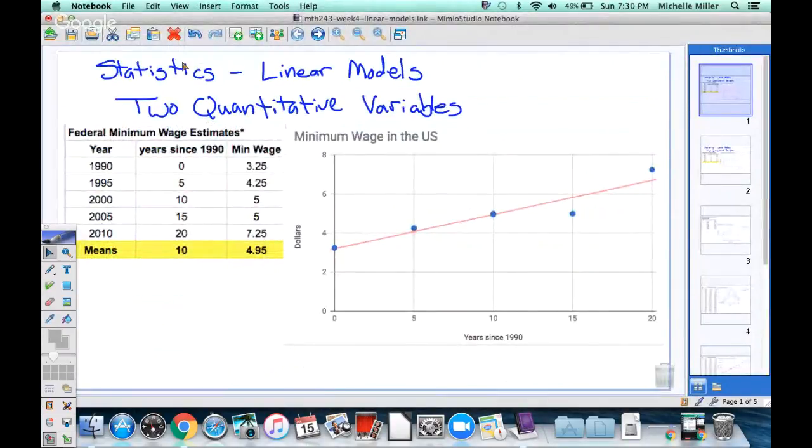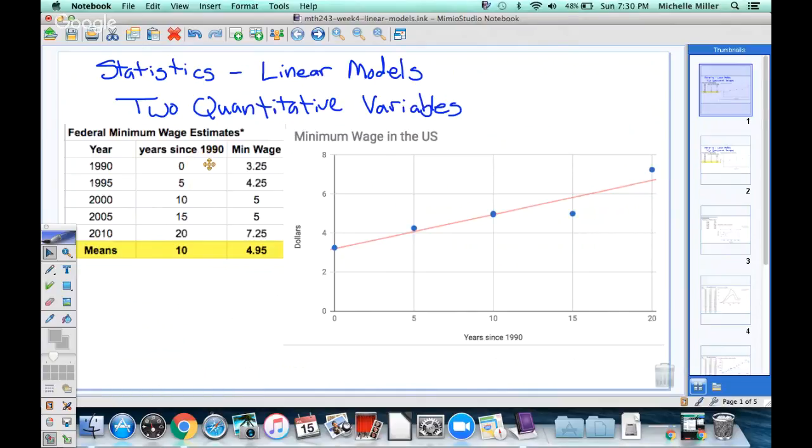So again, we're doing linear models with two quantitative variables. So here, time is just kind of going by. Usually time is not a variable we play with directly. It's kind of an indirect variable, but sometimes we'll use it directly. Here I'm using it directly.